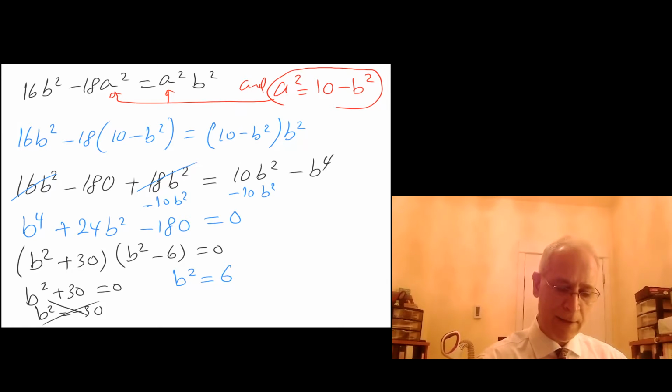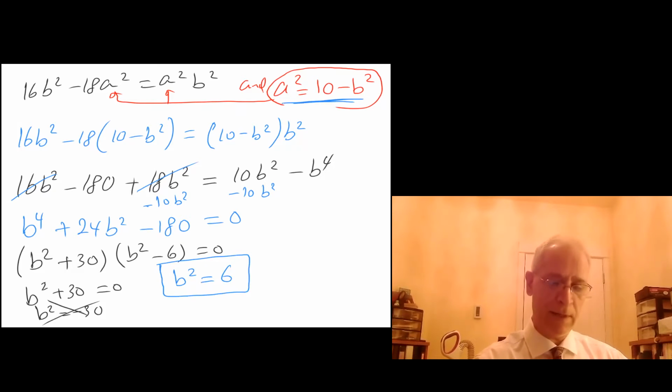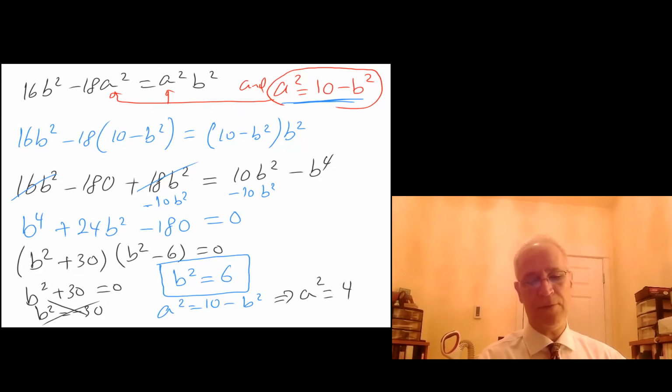Now that I have b squared and a relationship between a squared and b squared, we know that a squared equals 10 minus b squared. So a squared equals 10 minus 6, which is 4.